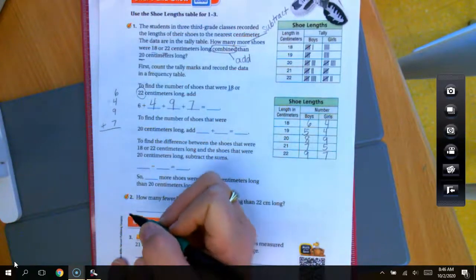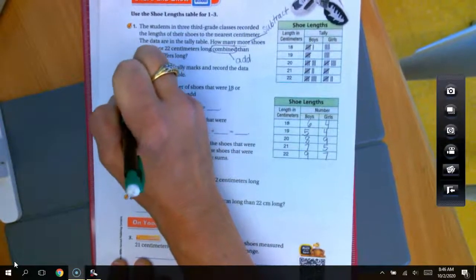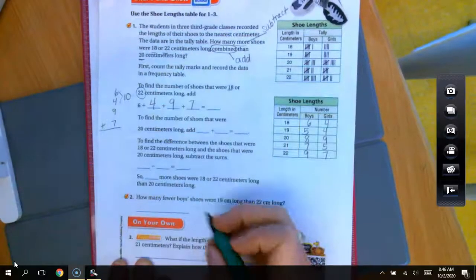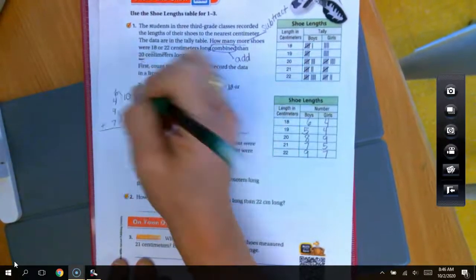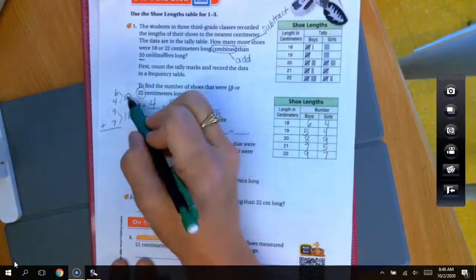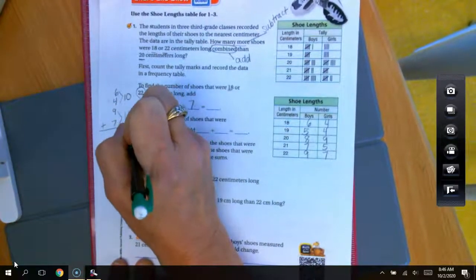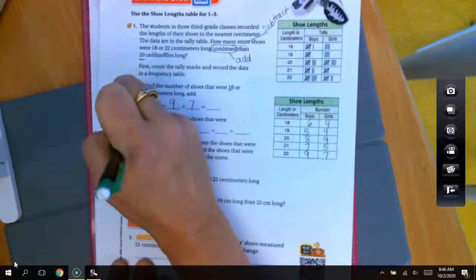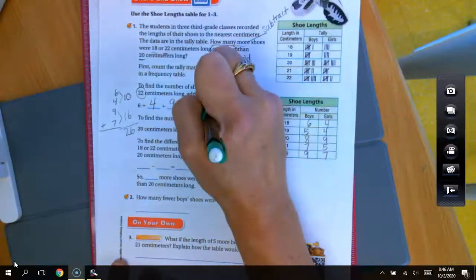And we always see if we can make a 10. Well, we can make a 10. 6 and 4 is 10. And I know that 9 and 7 is 16. So now I'm adding 10 plus 16. 0 plus 6 is 6, and 1 plus 1 is 2. So you know I have 26.